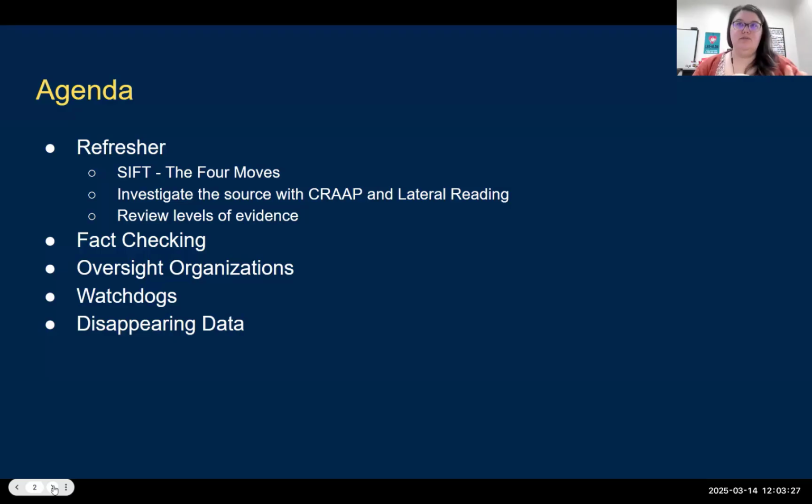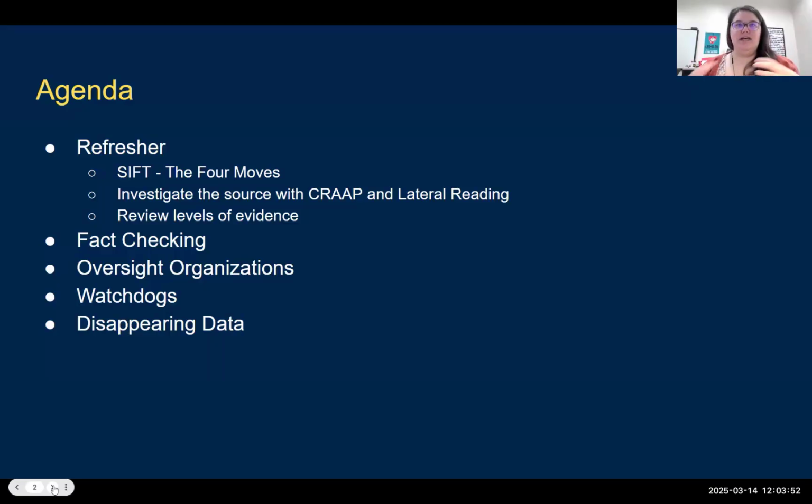So we're going to do a really brief refresher on the SIFT method, which is the moves you need to do in order when you are presented with some information to understand what's going on, how you evaluate sources with the CRAP method, as well as I'll introduce some lateral reading. And then we're going to talk about levels of evidence, because fact checking is all about getting to the primary sources of information.